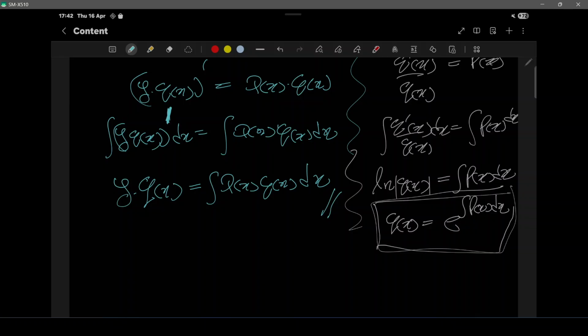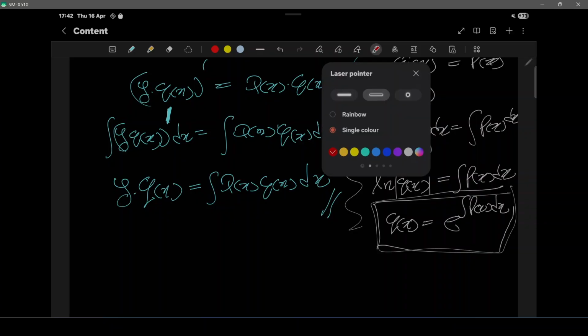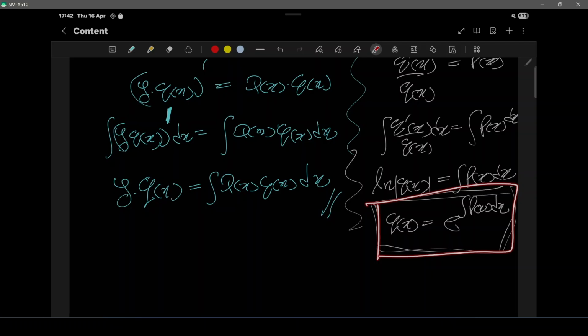You might wonder that there is an integration. It's no problem, okay guys. Solving a differential equation means there is no derivative, so an integration is fine. We solve the equation, and to solve that we need this Q(x) over here.